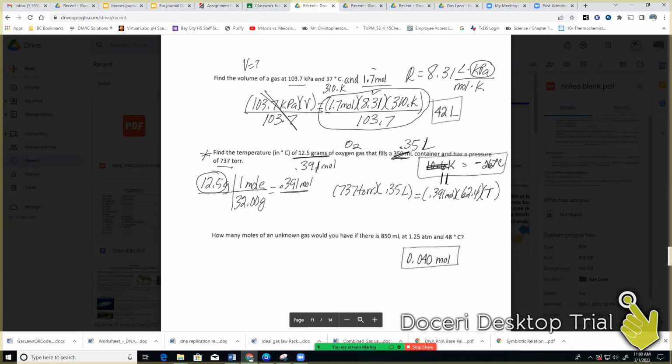All right. So did you get that set up, Caleb, at that point? I forgot that. Okay. And that's a little tricky one because that messes you up. But it has to be in liters. So now at this point, I divide by 0.391 times 62.4. And same thing over here.